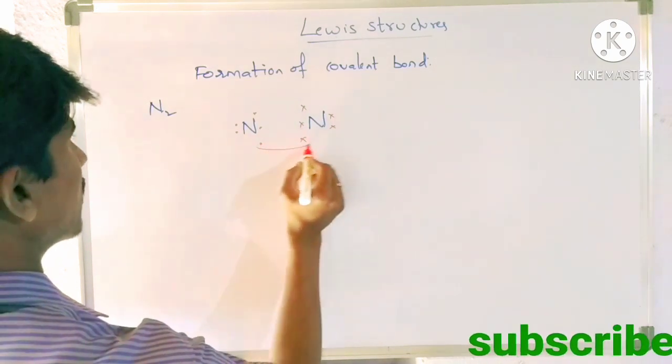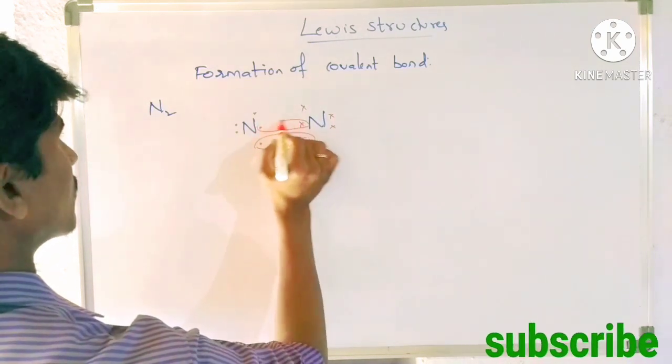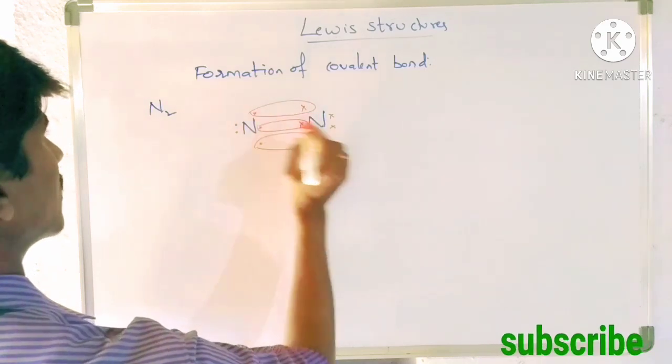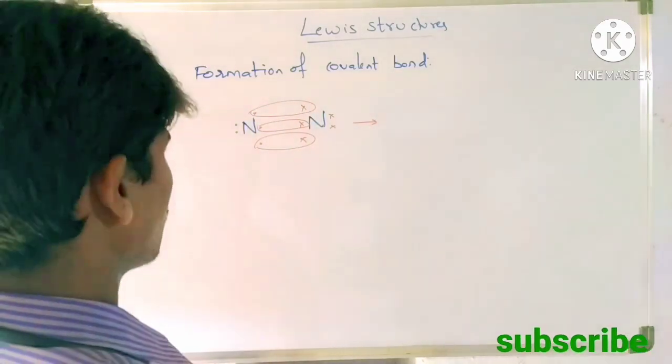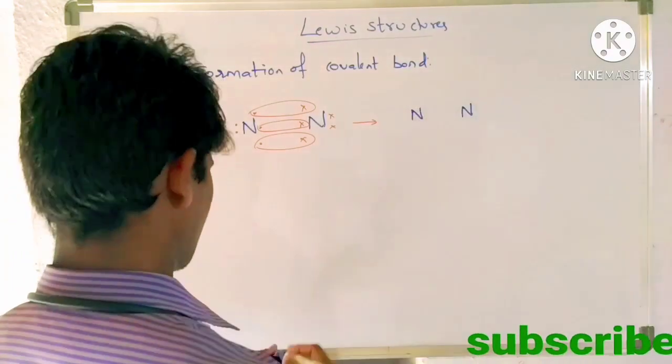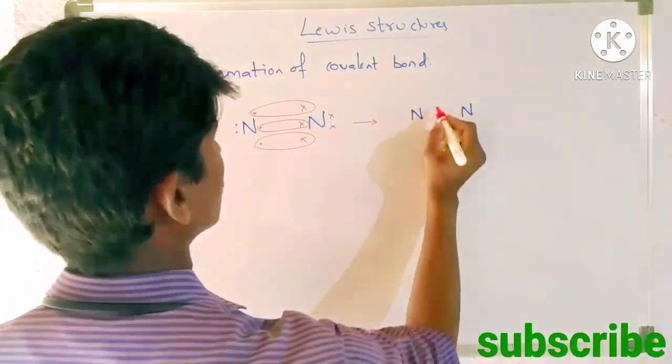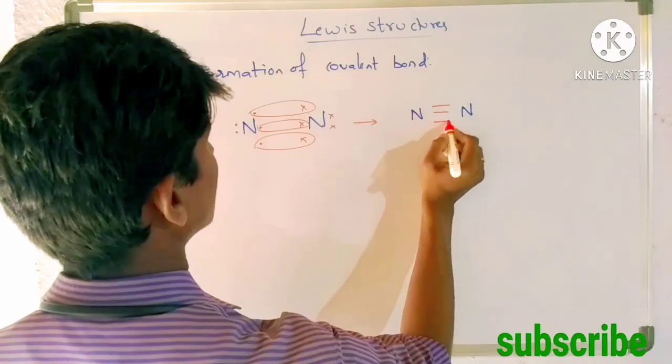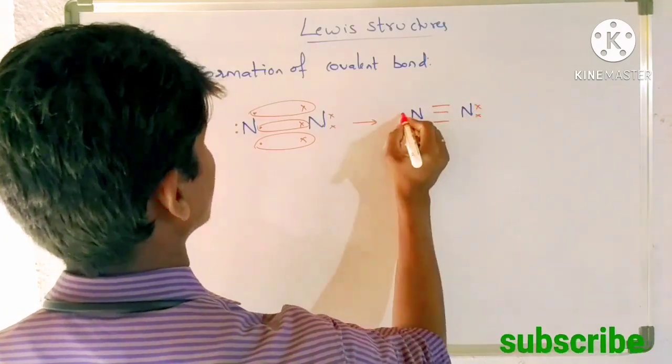Now these 3 unpaired electrons get paired with each other. It leads to the formation of how many bonds? 3 bonds. Between the two nitrogens, 1, 2, 3 bonds are formed.